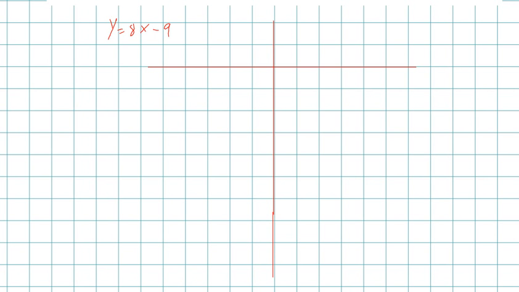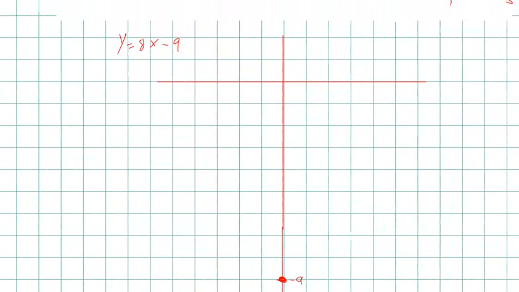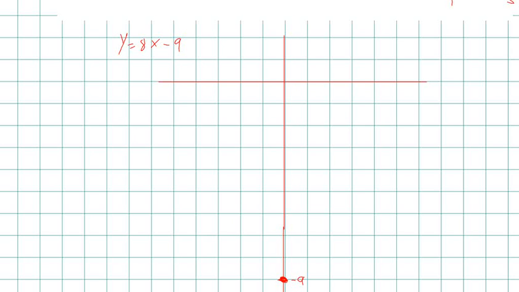So that's my -9. So this is my y-intercept. What does the slope tell me? 8. Up 8 over what? 1. Because any whole number has a denominator of 1. So from the y-intercept, I'm going to have to go up 8 and then over 1. And that will be my second point.